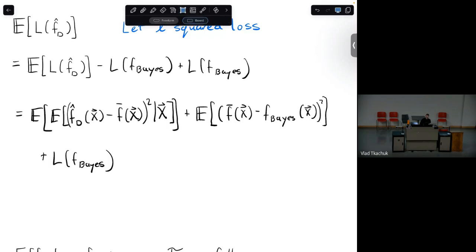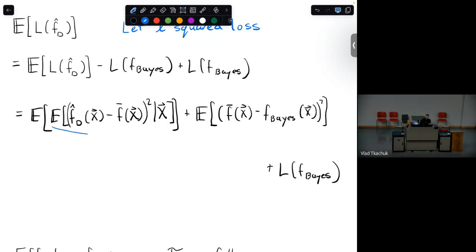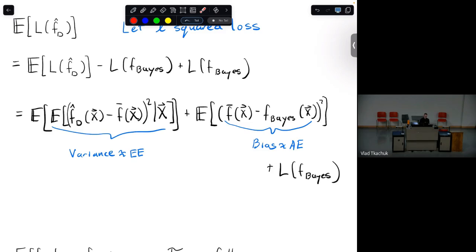I'll make this cleaner next time, but this is what is called the variance, and this thing inside here is what is called the bias. This thing is approximately equal to the estimation error, and this thing is approximately equal to the approximation error, and everything basically holds as we've seen before, except now you don't have to talk of nice things like f star.